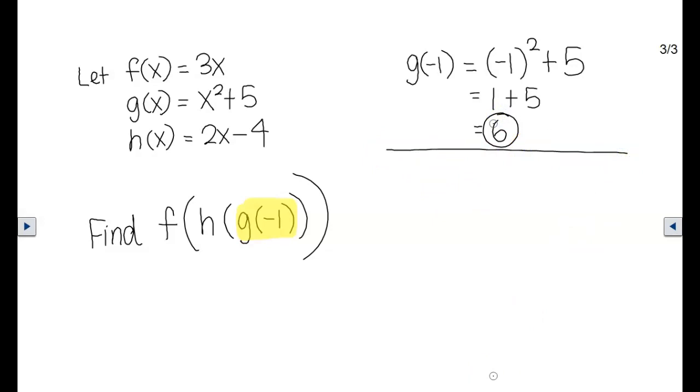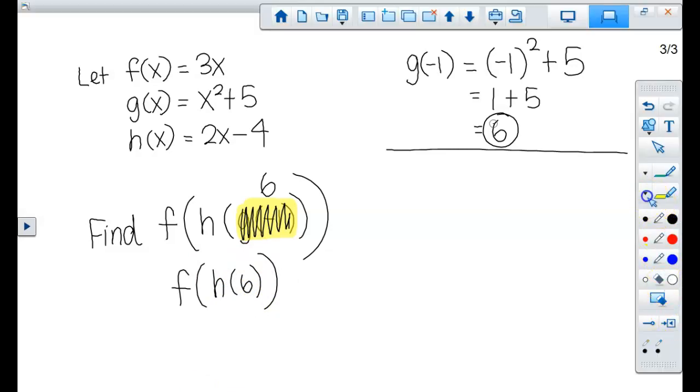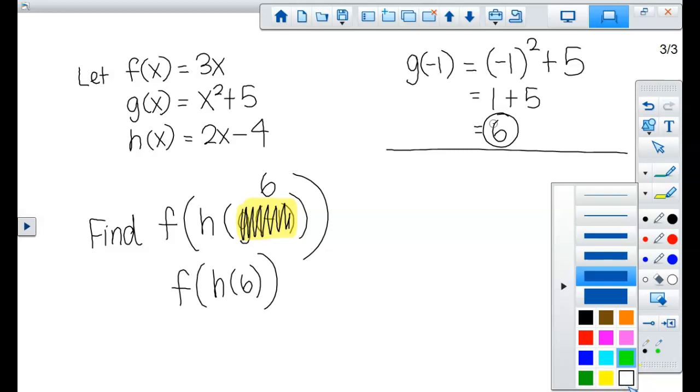So when I come back over here and look at the problem, this g of negative 1 that I have highlighted, I now know that that is 6. So this becomes f of h of 6. So now again, following the rules, we work inside out.